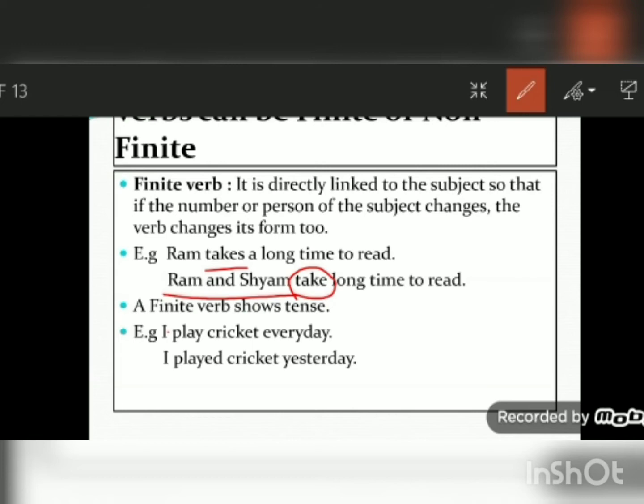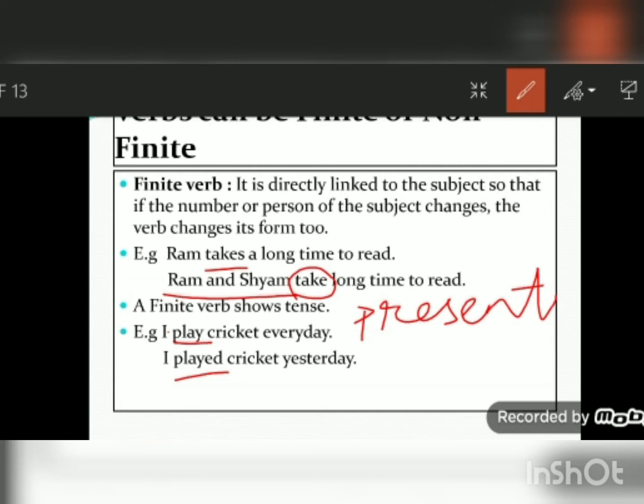Next example: a finite verb also shows tense. Let's see. I play cricket every day. This is in present tense. Next is I played cricket yesterday.